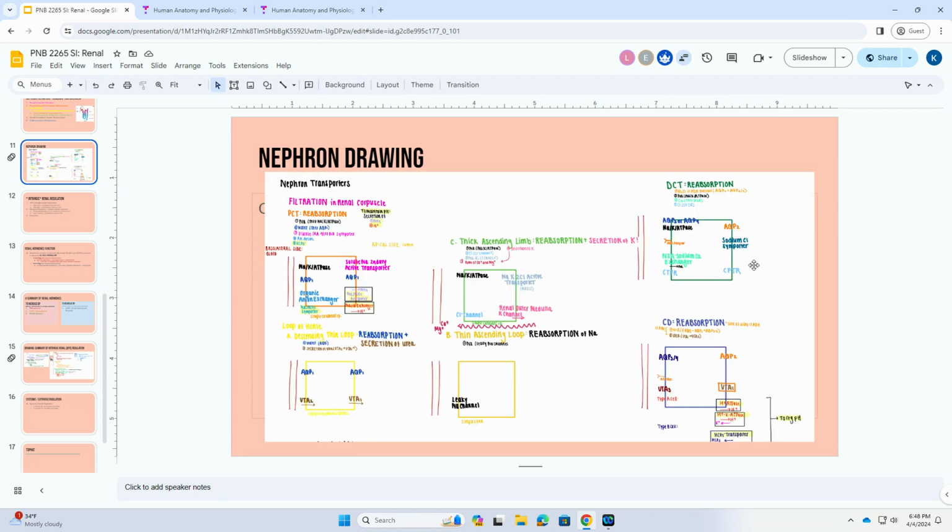You can notice here that there are three different regions of the loop of Henle to be aware of: the descending loop, the thin ascending loop, and the thick ascending limb. There are different things being reabsorbed or secreted in each region, but urea is secreted in the descending loop.